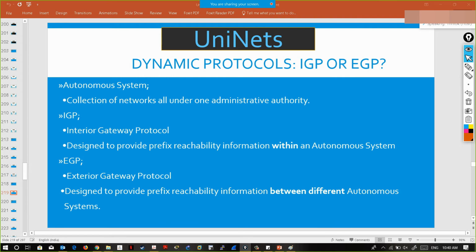Okay. If you want to communicate, this is my 10.1, this is my 20.1. If my 10.1 has to communicate with 20.1, my router has to know where 10.1 and 20.1 are, and on which interface they are located. That is determined by the IPs 10.1 and 20.1.